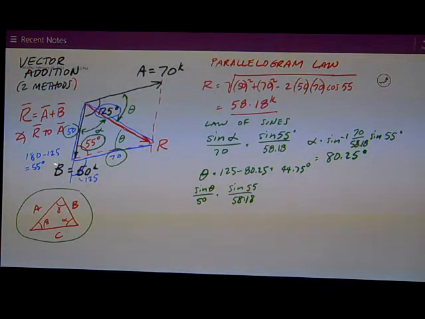I rearrange this and I find out that, sure enough, theta is sine inverse of this stuff, rearranged, 44.75. Once again, a problem that I can check with another method.